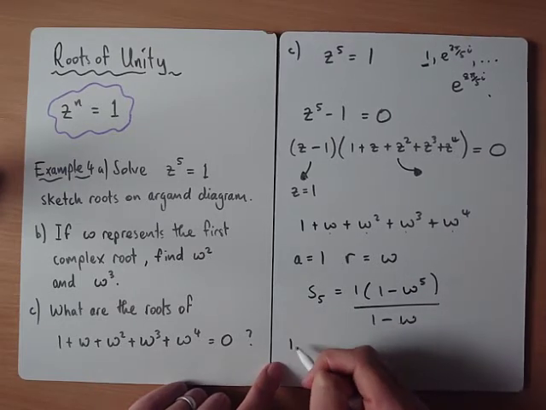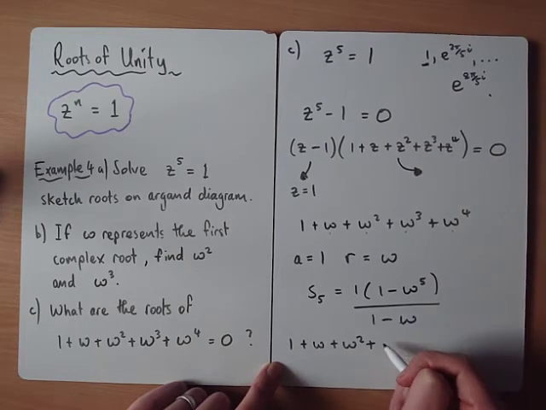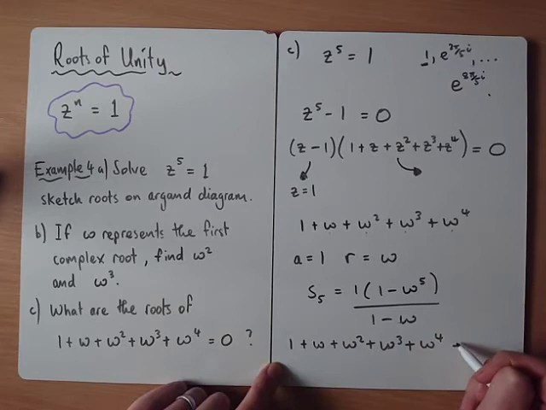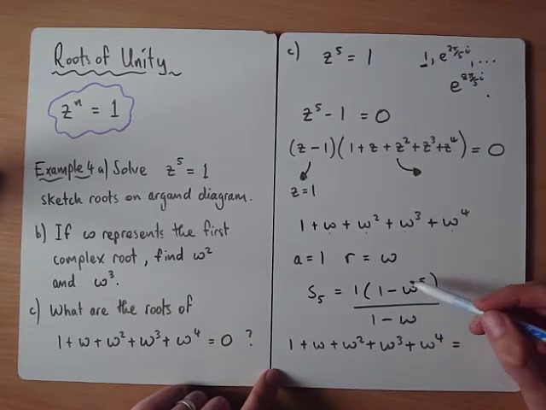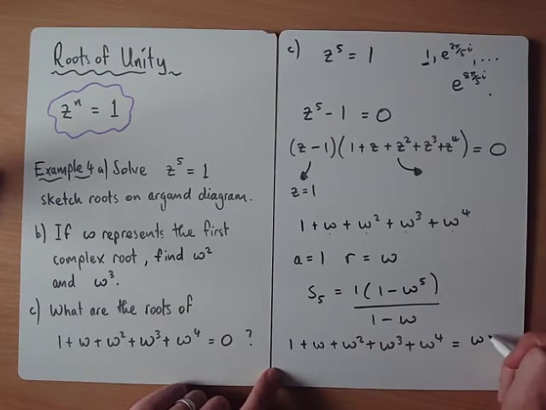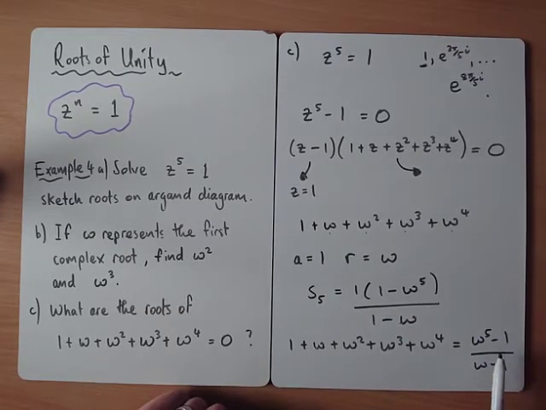In other words, 1 plus omega plus omega squared plus omega cubed plus omega to the 4 would be the same as, because this is 1 minus and 1 minus, I'm just going to multiply the top and bottom by minus 1, because that would be equivalent to omega to the 5 minus 1 divided by omega minus 1. Can we see the link?